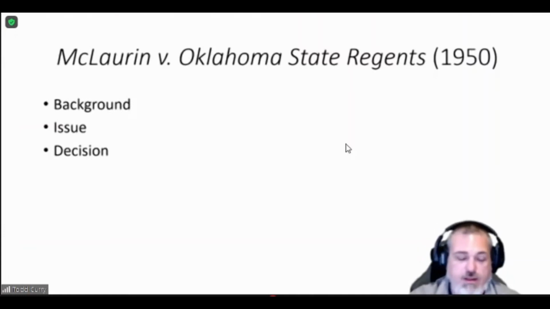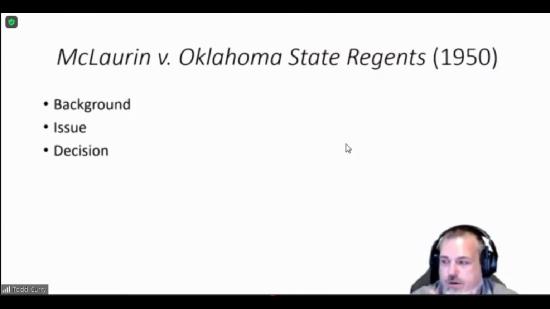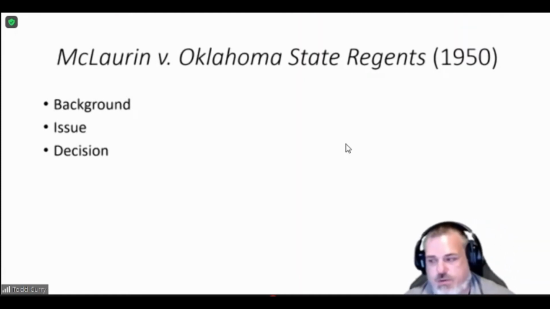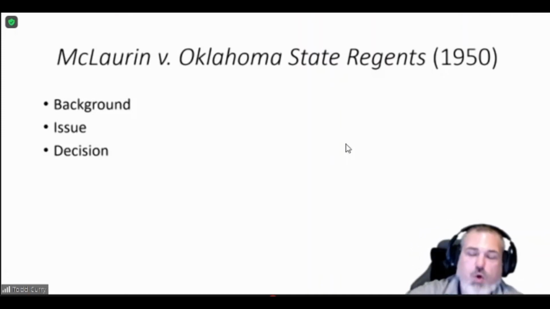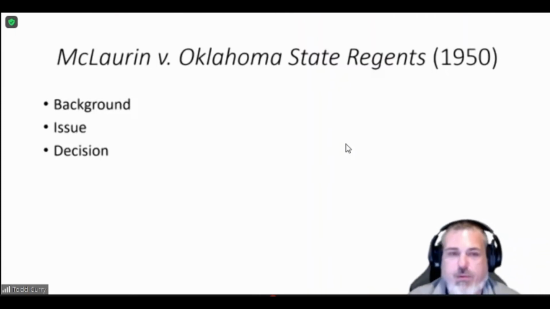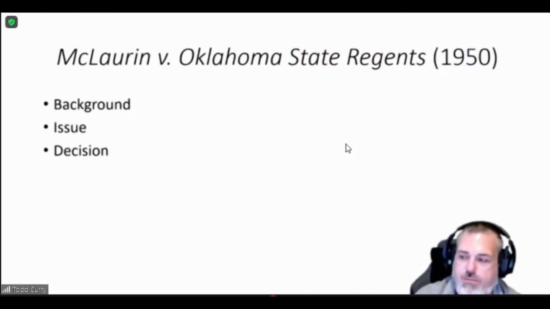There weren't a lot of quantitative factors for the attorneys to point to. So in particular, the court argues that African Americans' ability to study, engage in discussions and exchange with other students, and in general learn his profession were being at least halved by requiring those students to be segregated from other students. And that is a violation of equal protection.